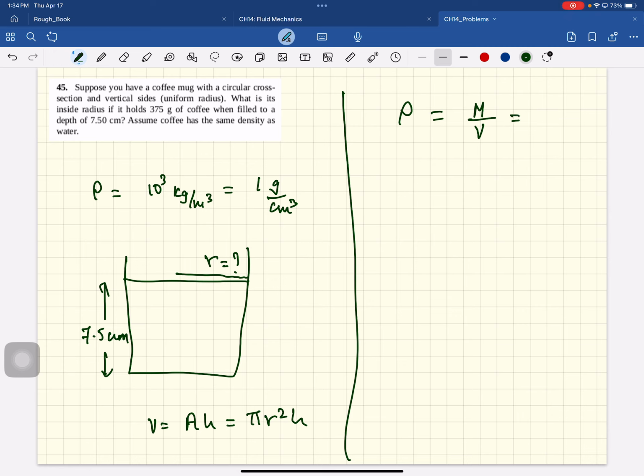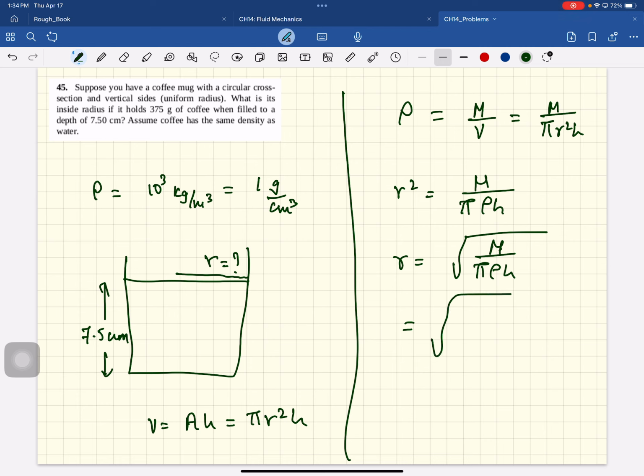So r square is mass over pi rho h. Mass is 375 grams, pi, 1 gram per centimeter cube, h is 7.5 centimeters.